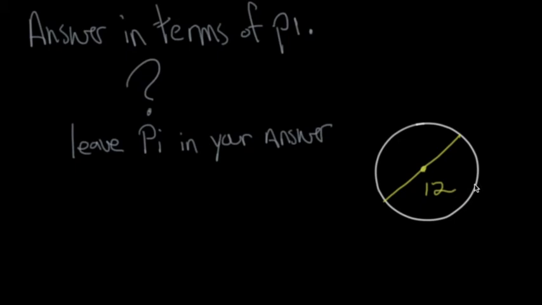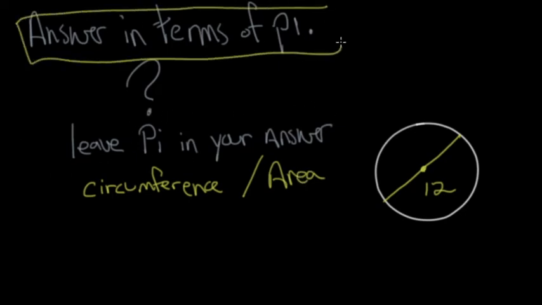Like that. So if I want to know what the circumference is, so what's the circumference? And you know what? Just for a bonus, I'm going to do the area. I'm going to do both. We're going to answer in terms of pi.